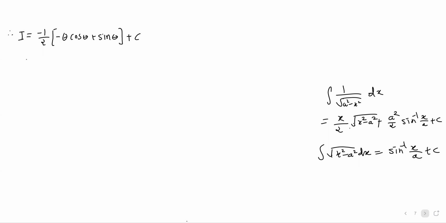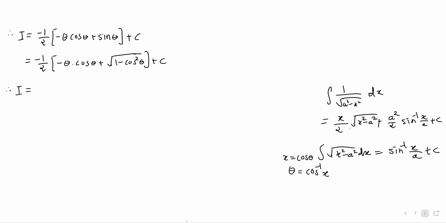Okay, so minus 1 upon 2. What is our theta? Theta is equal, sorry, x is equal to cos theta. Theta is equal to cos inverse x. Okay, so here directly, first minus theta cos theta plus 1 minus cos square theta plus c.